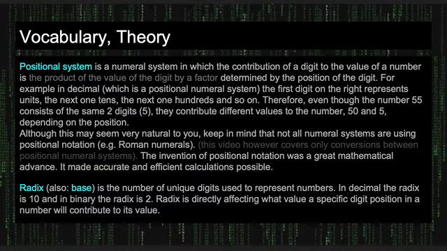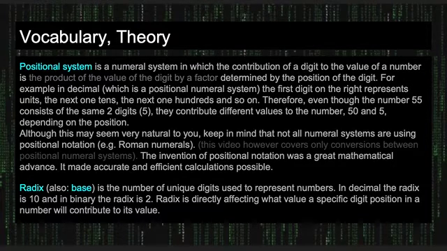Therefore, even though the number 55 consists of the same two digits, 5, 5, they contribute different values to the number, 50 and 5, depending on the position. Although this may seem very natural to you, keep in mind that not all numeral systems are using positional notation. This video, however, covers only conversions between positional numeral systems.